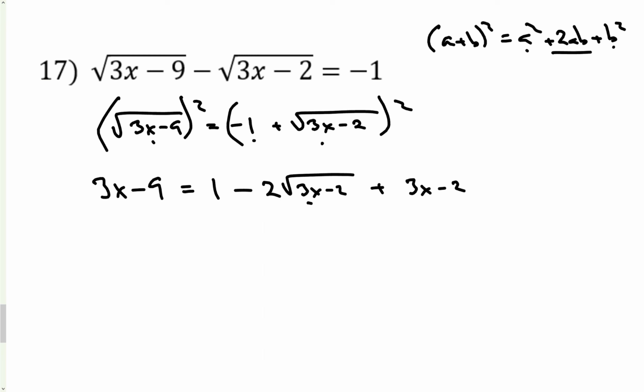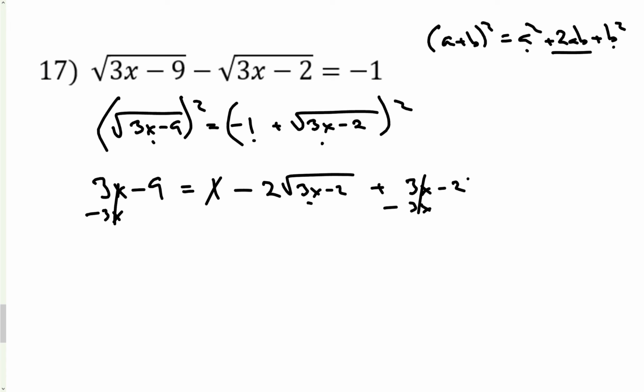Now, I want that by itself, so that way I can square both sides again. Subtract 3x from both sides. Oh, look at that. Nice. Goes away. 1 minus 2 gives me a negative 1 on this side.